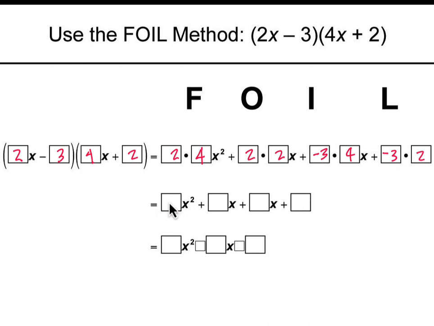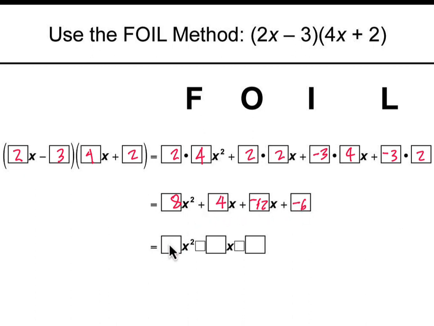Simplifying, we get 8x squared. This simplifies to 4x. This simplifies to negative 12x. And this becomes negative 6.